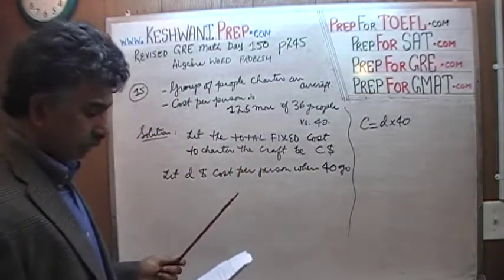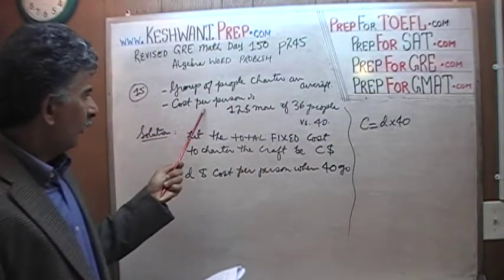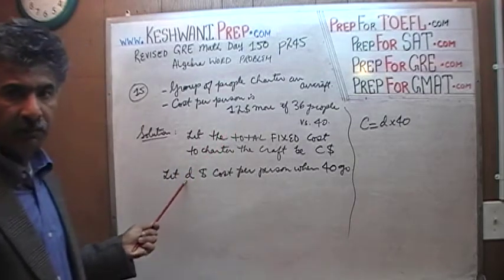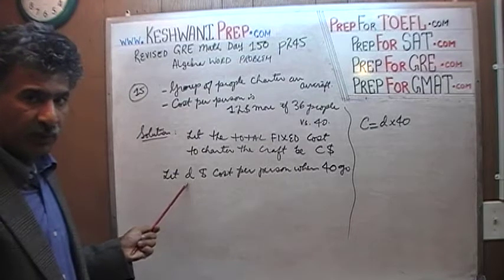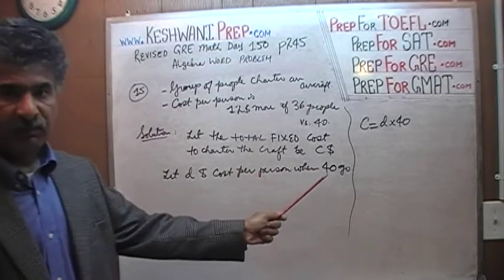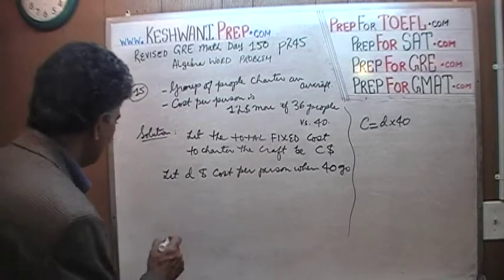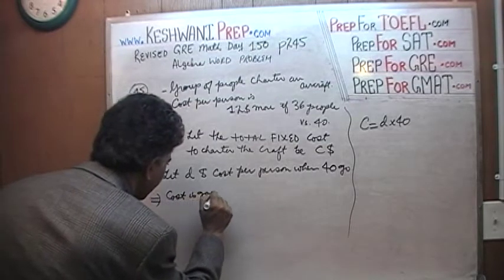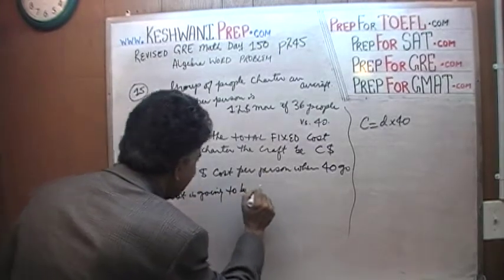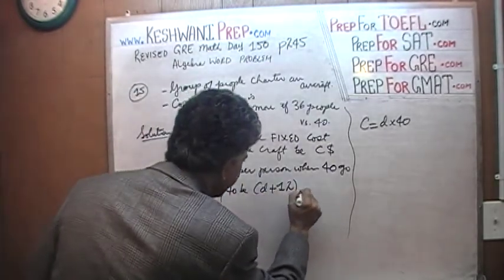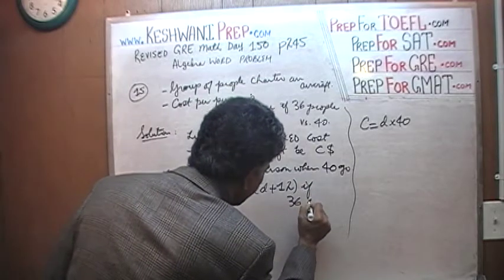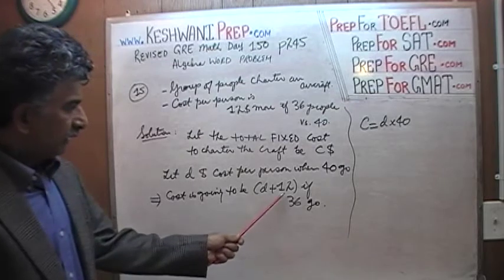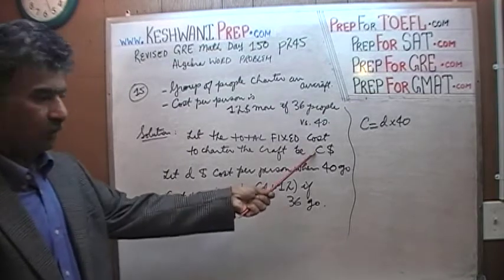But we are also told that the cost per person is $12 more. So whatever this D dollar is per person, it's going to be 12 more than that if 36 people go instead of 40. So the cost is going to be D plus 12 if 36 go, which of course D plus 12 times 36 must also equal the total cost.